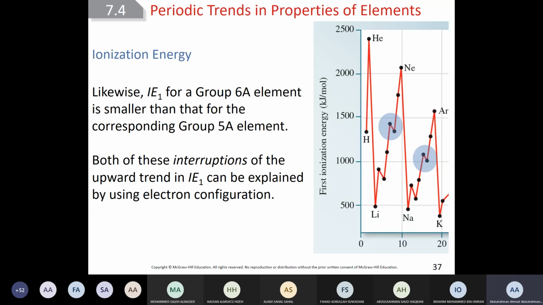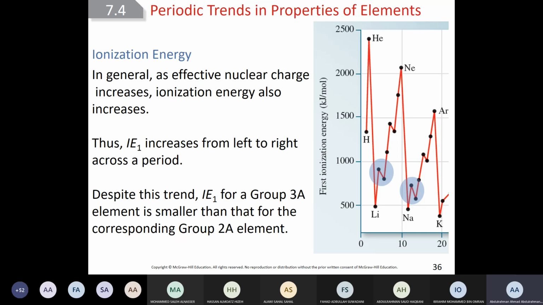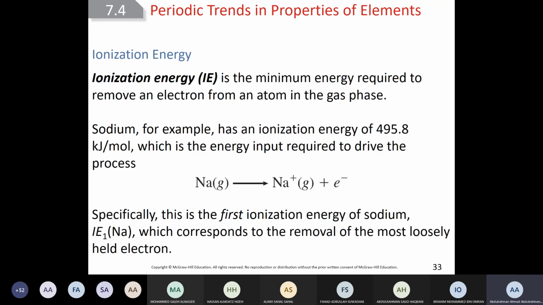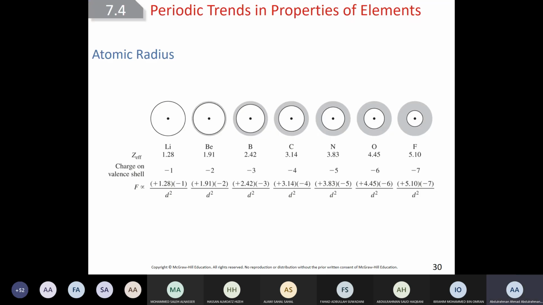All right. Last thing I talked about was the ionization energy. First, what's this? Electrostatic force. What's this called? Effective nuclear charge. Z effective means effective nuclear charge.